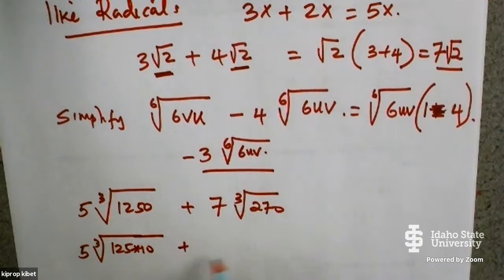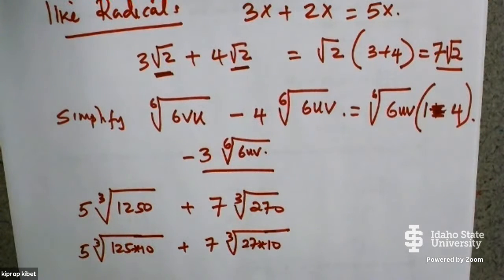And then plus 7 the cube root of 27 by 10. Now, 125 is 5 raised to what? 3, right? Or 4? Yeah, 3. And then 27 is 3 raised to 3.